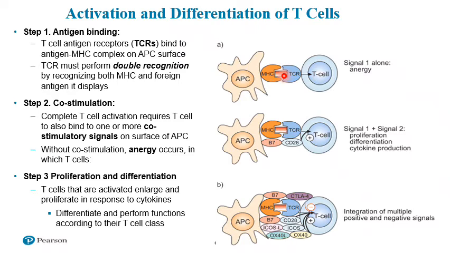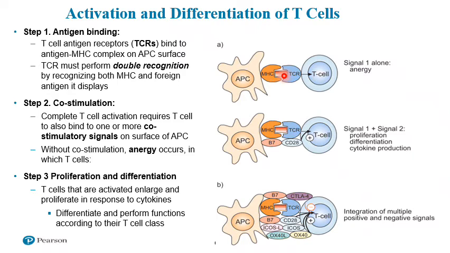The third step: after they have recognized what the antigen looks like, they're now going to proliferate and differentiate. Remember that if there's only one T cell, that one T cell is not enough to kill the millions or hundreds of thousands of pathogens spread out in the bloodstream. It would be killed.